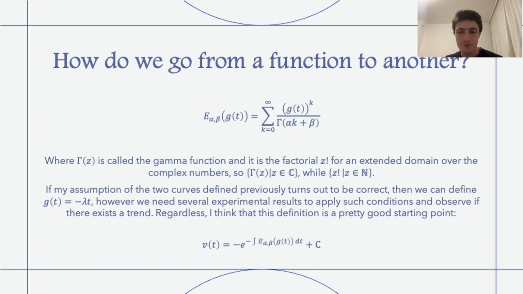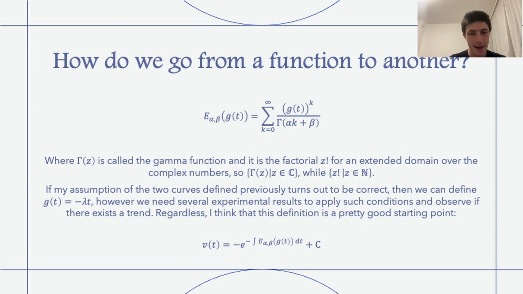And we can define this in the generic Mittag-Leffler function, because the expansions of the two functions are very similar. You generally need to change the value of alpha in order to change from one function to the other.